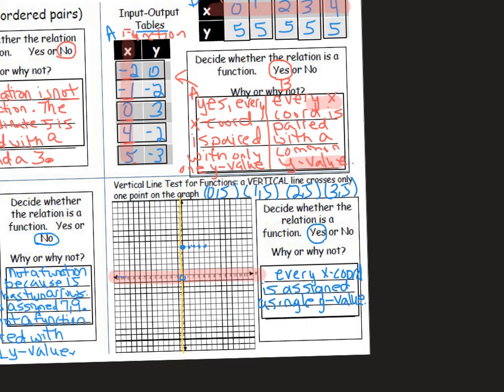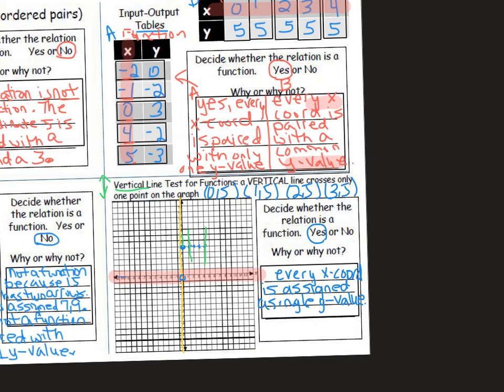If I take a vertical line, it's the way we walk, not the way we sleep. If I take a vertical line and I draw it through the point 4, 5, it only intersects at one point. If I take it through the point 1, 5, it only intersects at one point.